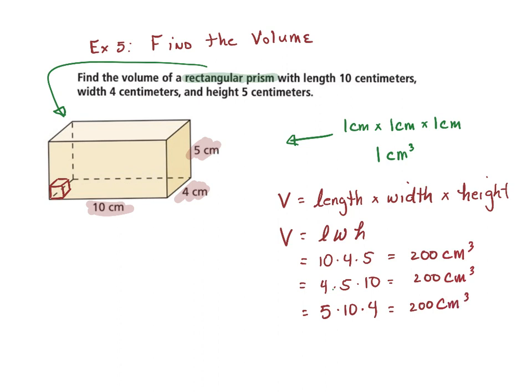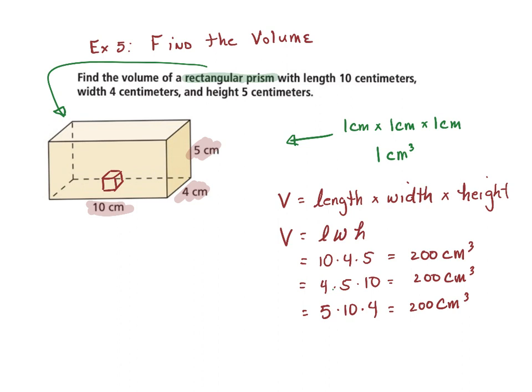And what that means is that this little box, this 1 cubic centimeter, you could fit 200 of them inside of this rectangular prism to fill it up. And that is a measure of volume.